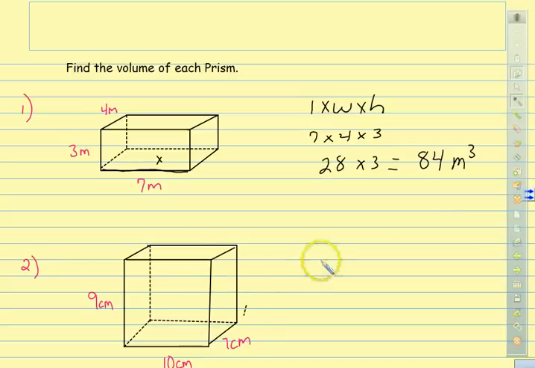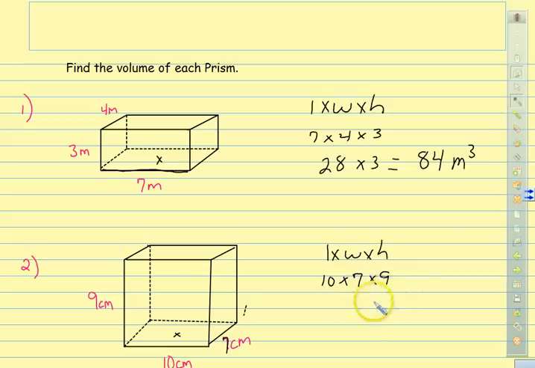What I want you to do is, again, use the same formula, length times width times height, and solve. Go ahead and hit pause and do that. This is a 7, by the way. Alright, so I find my length. Again, we're trying to find the area of the base, which is 10, times my width, which is 7, times my height, which is going to be 9.